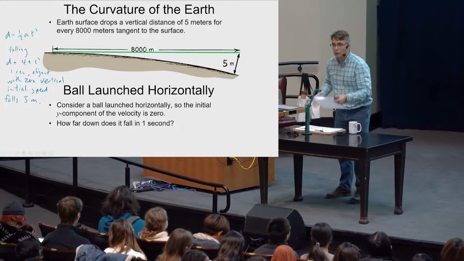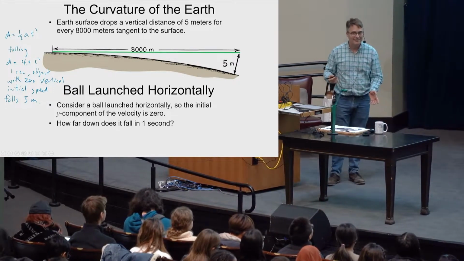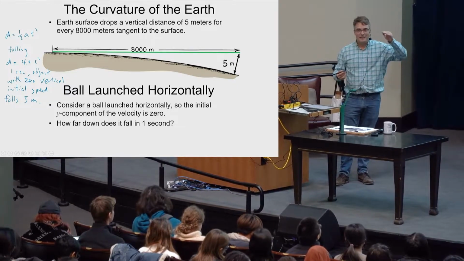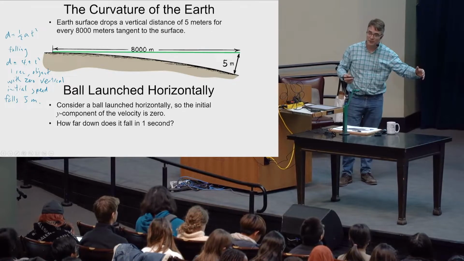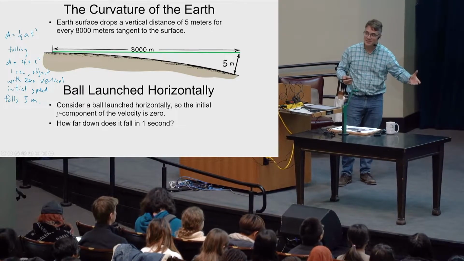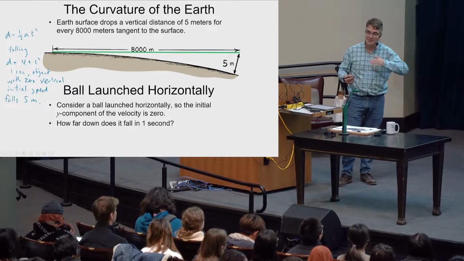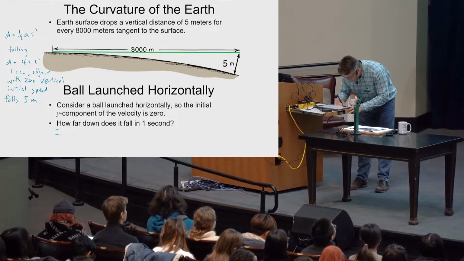If your horizontal speed is 8,000 meters per second, then the ground will drop off 5 meters as your object falls 5 meters. So the ground is the same distance as it was a second ago. So try to consider what that's going to look like.